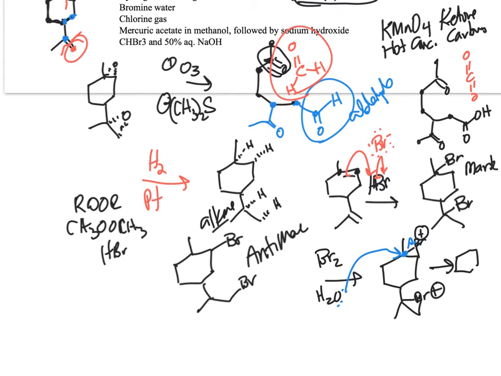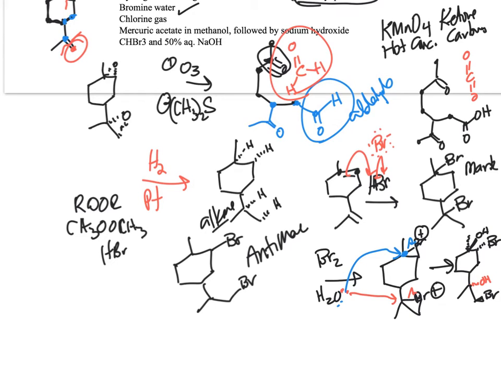So when the ring opens, you need to show anti-addition. So that means the OH is coming at you and the bromine is going away. Same thing here. This OH will add to this carbon, and you can show just anti-addition here. That's bromine water.